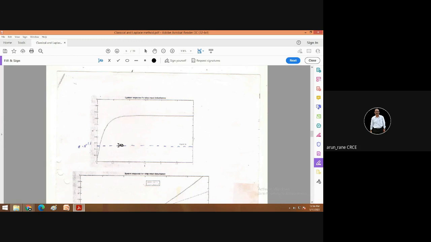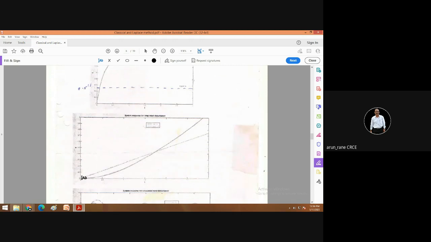See now, this is your step input, and this is your output. This is your ramp input, and this is your output. At any time t, this is going to give me the error.